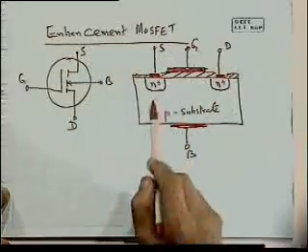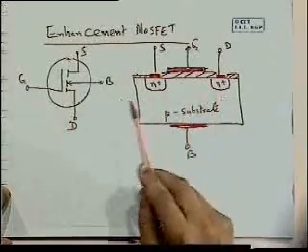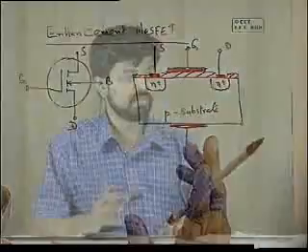So since there's no channel and there's the source and the drain separated by a p-type substrate, what would you think in the normal condition without any biasing on the gate, what would happen? It's off, right?